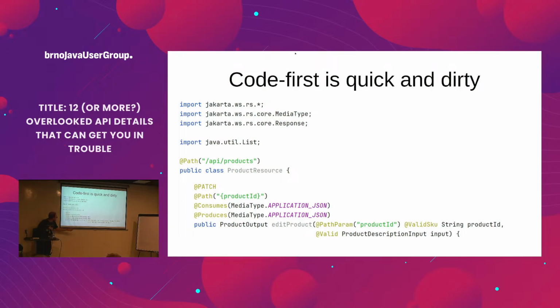We can see that there's some inputs, some outputs. But the problem with this is that this specification is scattered in multiple files, because something is here in this resource class, something is in those model classes, like this product description input, and even that may not be enough.